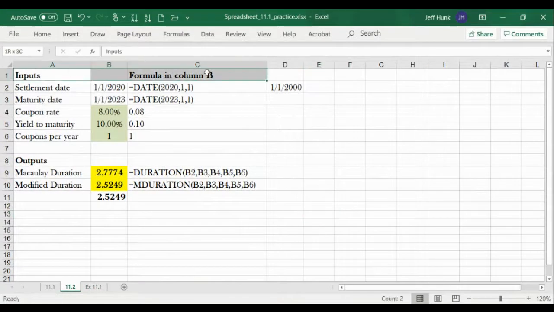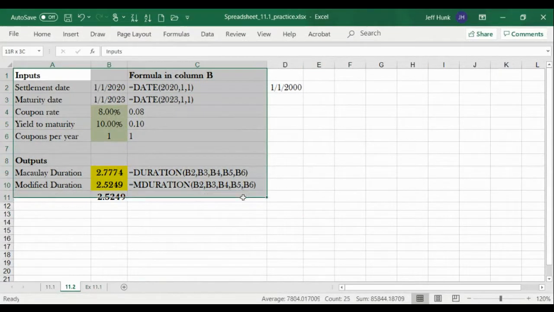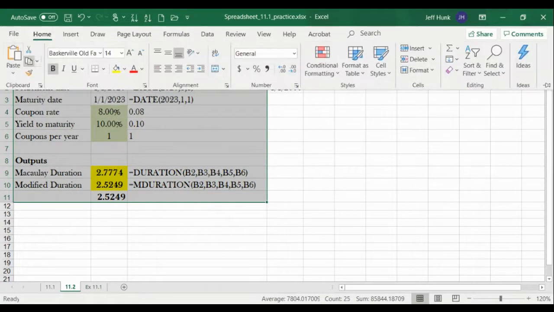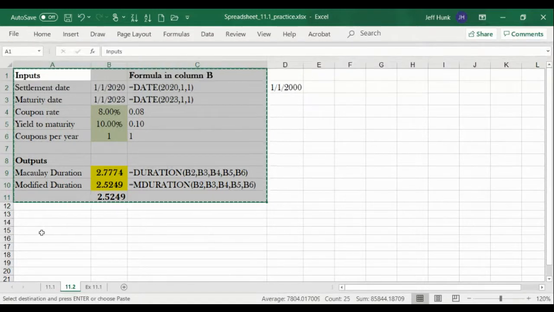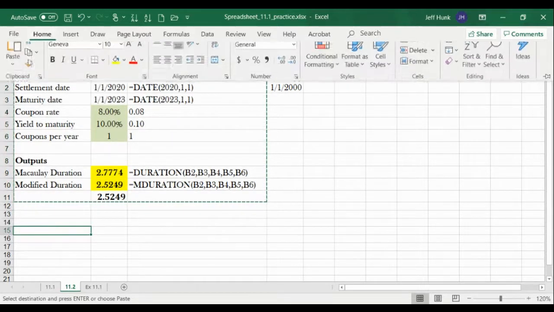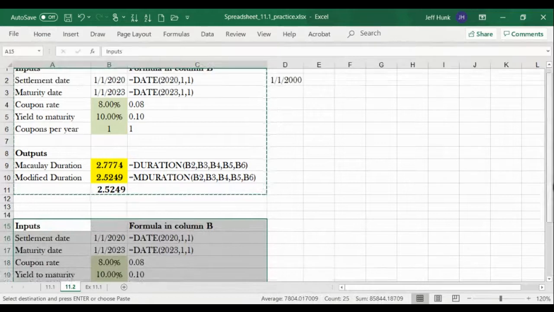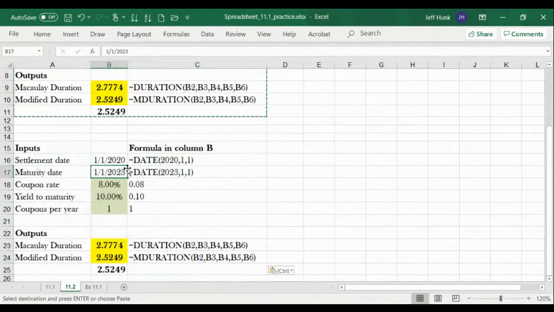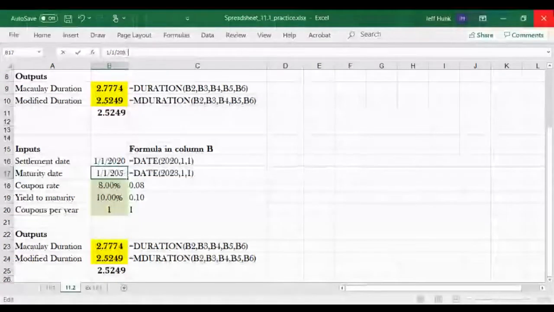I'm going to copy the whole thing and paste it here. All I need to do is simply change this to 30 years, then 2020, 30 years later, 2050.